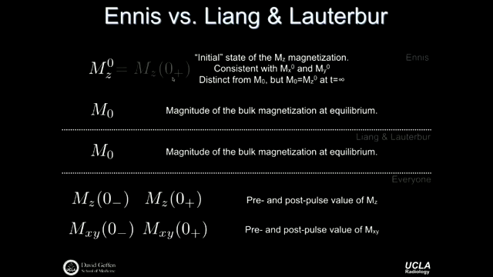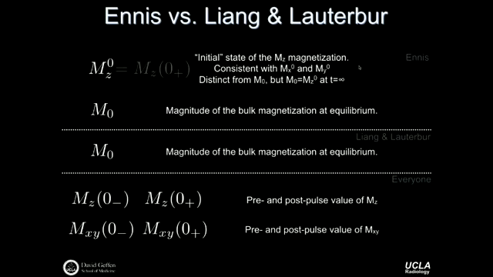It's the magnetization immediately before some pulse. We think oftentimes of MR experiments as a sequence or series of RF pulses, for example. And this really, and I apologize, should be the 0 minus magnetization. So for us in this class, this represents the initial state of the MZ magnetization. Given some point in time, we want to say it has some value, and the value it has is MZ0.